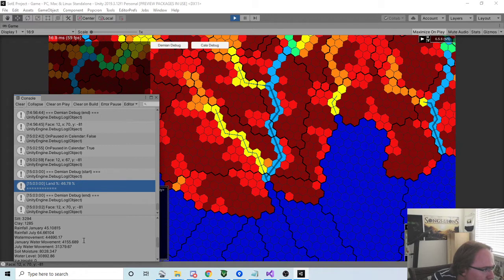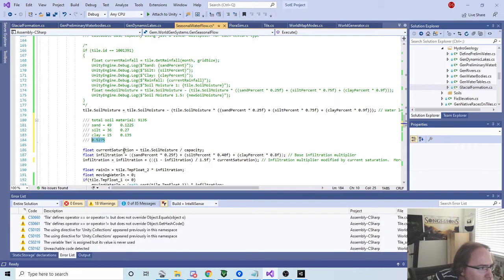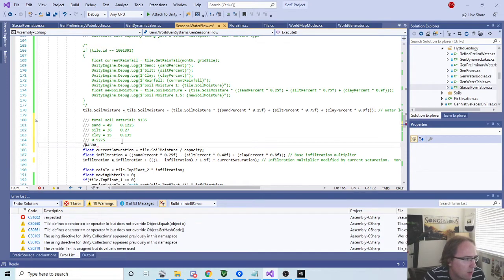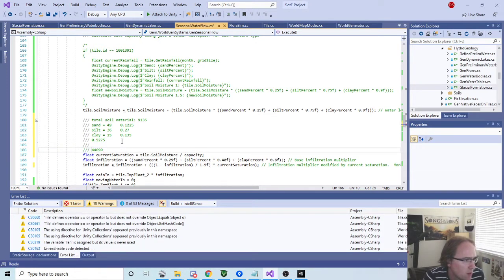Water movement, though, is 44,690. Moisture is significantly higher. 0.028. Okay. 44,690. All right, let's do another calculation here. I have a hypothesis.